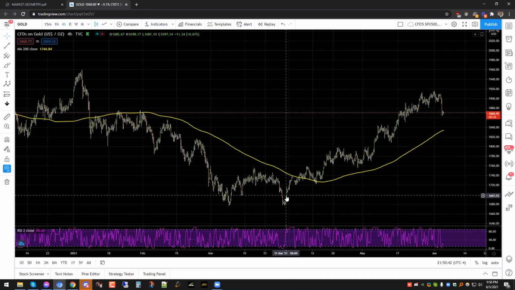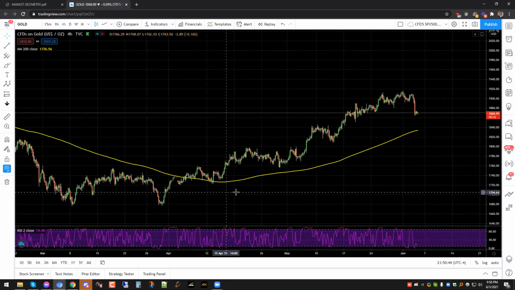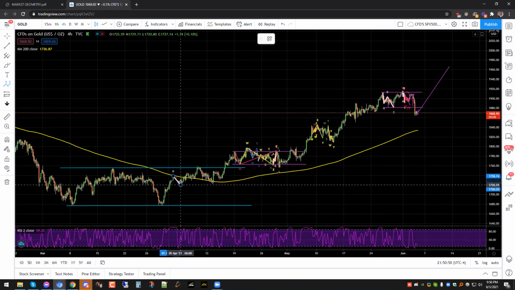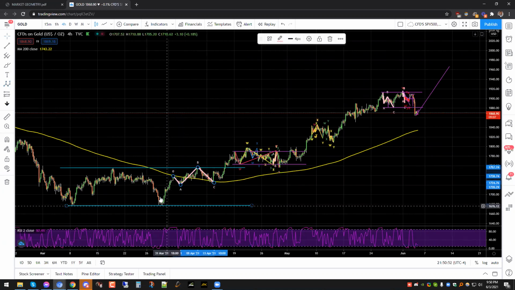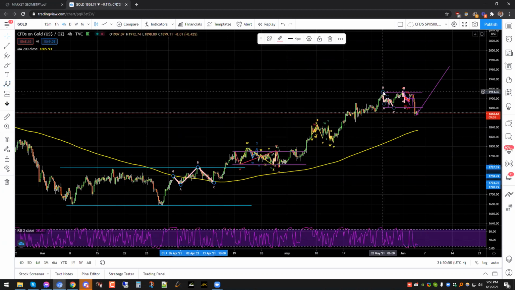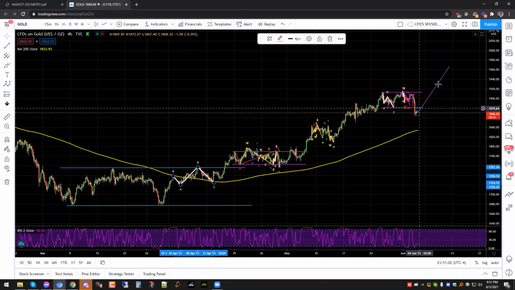So let's see here. What are we looking at? All right, so this is one, this is two, 1, 2, 3, 4, 5. So this is wave three, this is wave four, this is wave five.